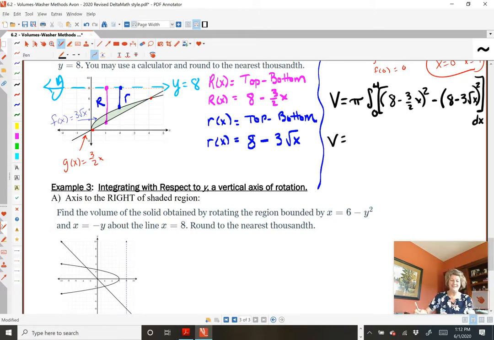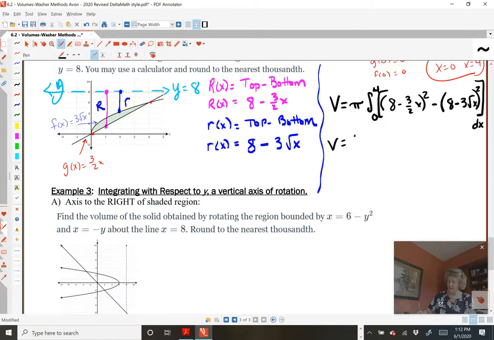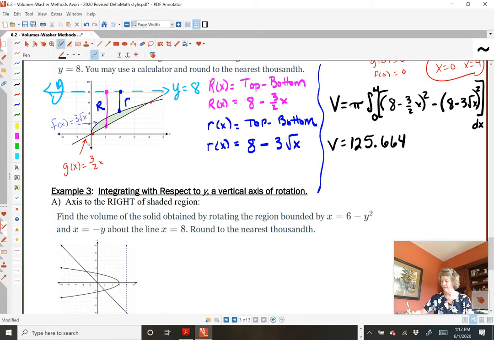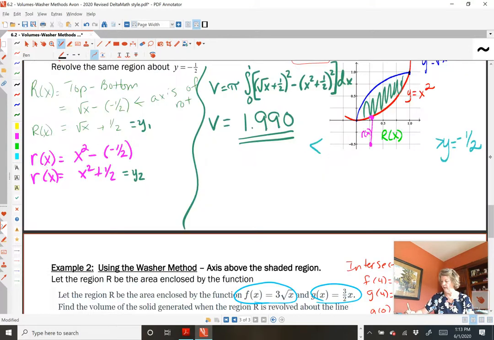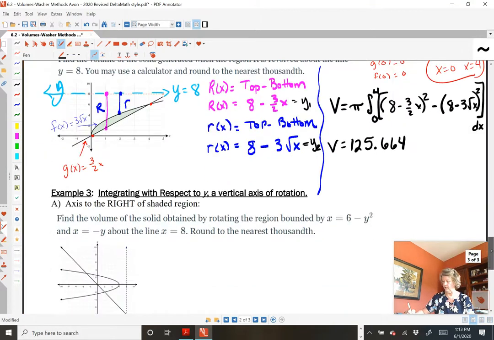Another good one to use your calculator on, and I have an answer for you. It is 125.664. Once again, I would have set this equal to my y1, this equal to y2 in my calculator, and then calculated the integral.